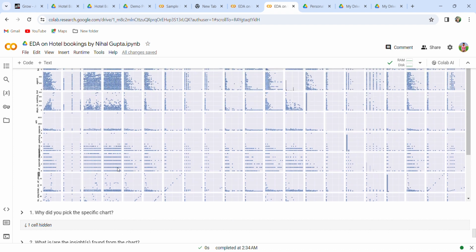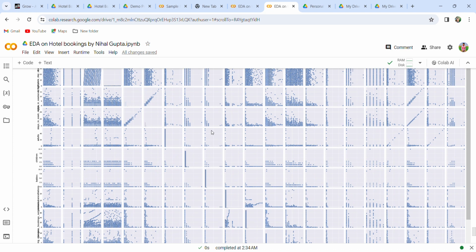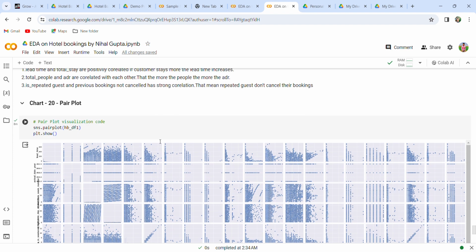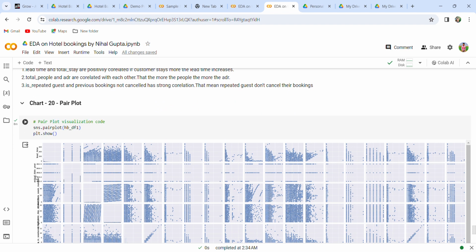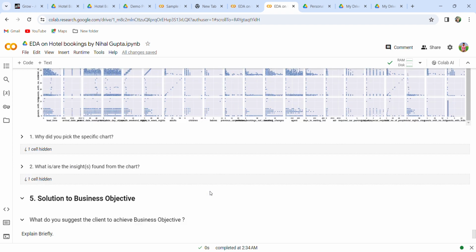Here we can see where the customers got more bookings, where children were more, where couples were more. So this is a very big pair plot. Here we can see 2015, 16, 17, so all the years of data have been analyzed here.